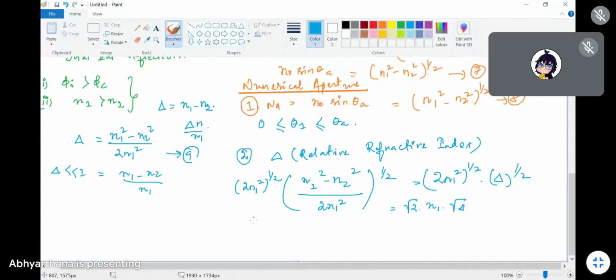So I can write down that numerical aperture is equal to n1 root over of 2 delta. You took this, this is your numerical aperture, okay?